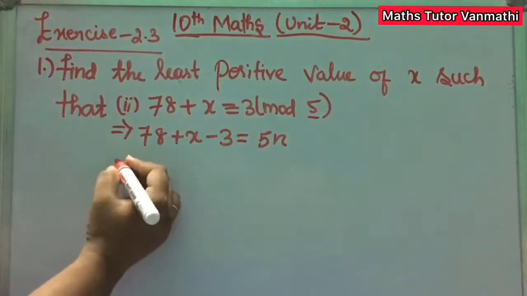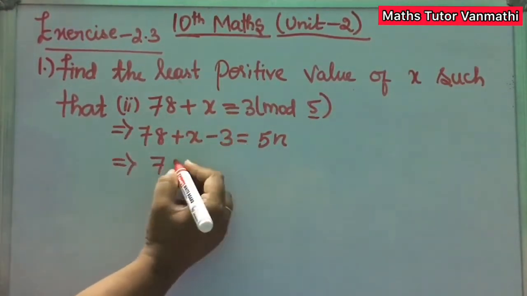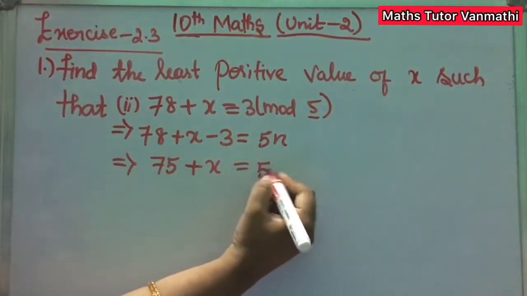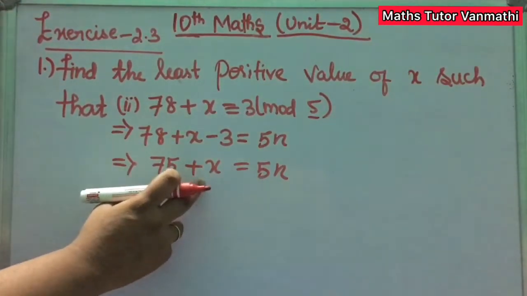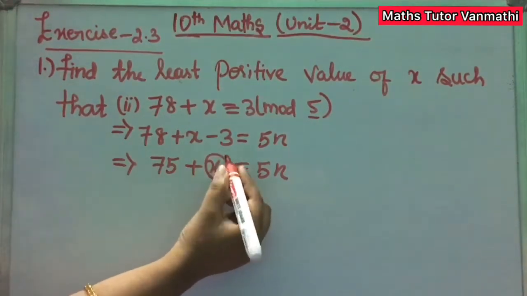Which implies 78 minus 3 is 75, so 75 plus x is equal to 5n. Now we need some multiple of 5. So what we can add in the place of x, we have to check.